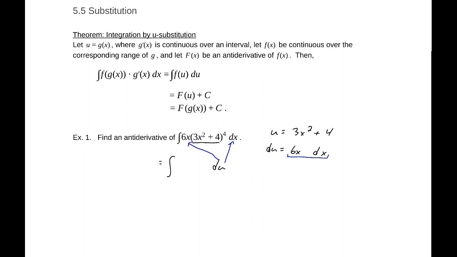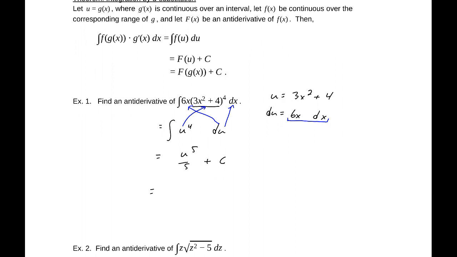And then I'm going to put down u to the fourth, and that is taking the place of that right there. I have taken care of everything. These are actually the same integral with that substitution of u equals 3x squared plus 4. But I can take the integral of u to the fourth much easier. The antiderivative is u to the fifth over 5 plus c.